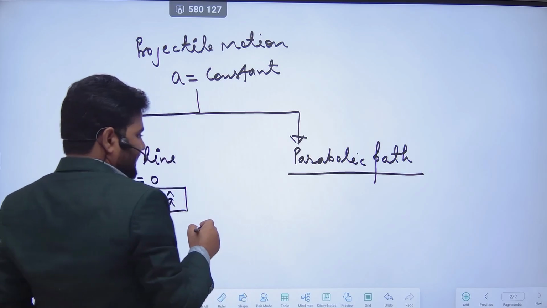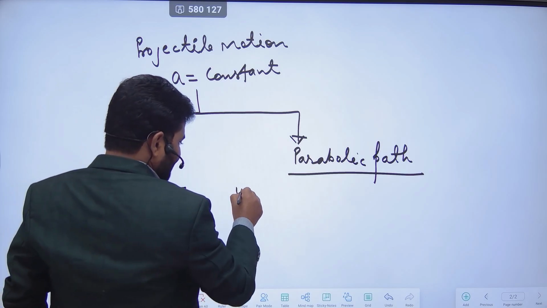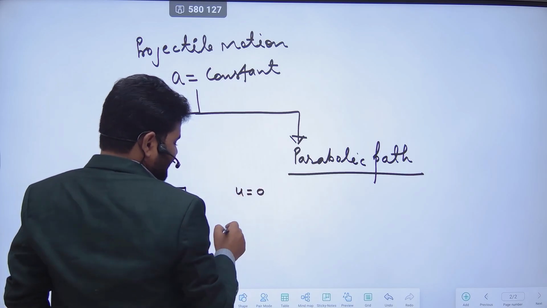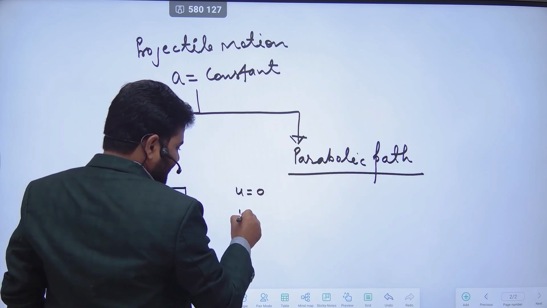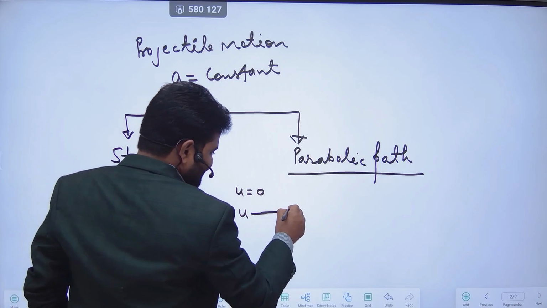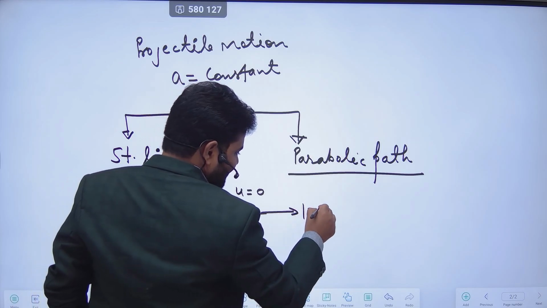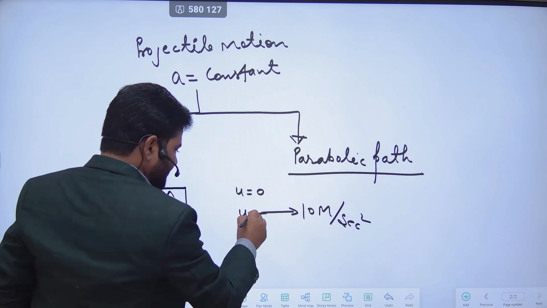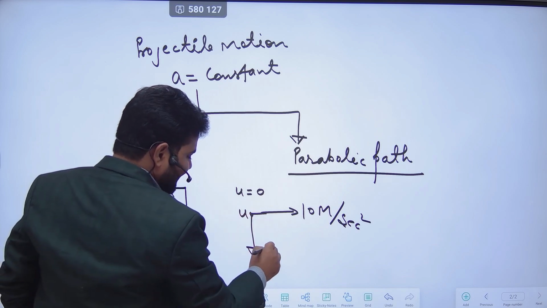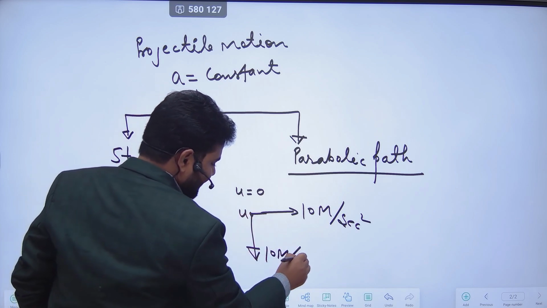Say for example, suppose a particle is here at zero with zero velocity. It means it is at rest, and it is acted upon by two accelerations. One is due to the wind, 10 meter per second square, and another is due to gravity in the downward direction, which is also 10 meter per second square.